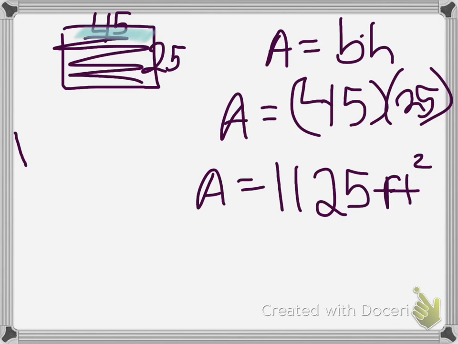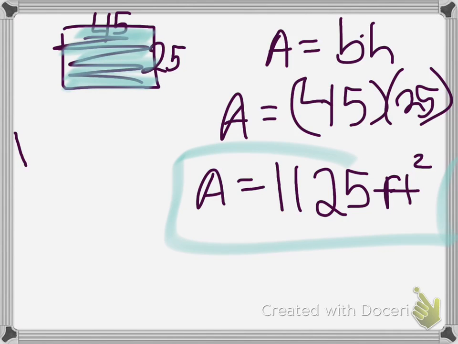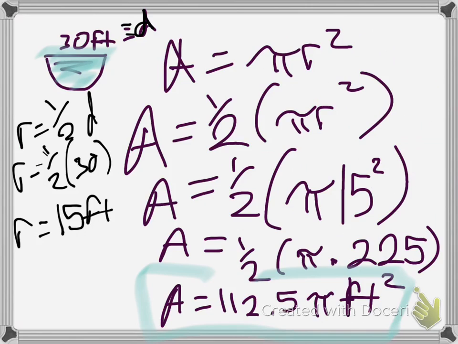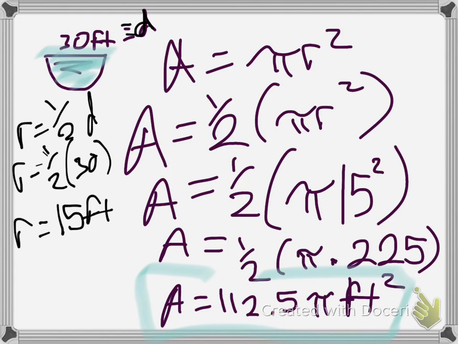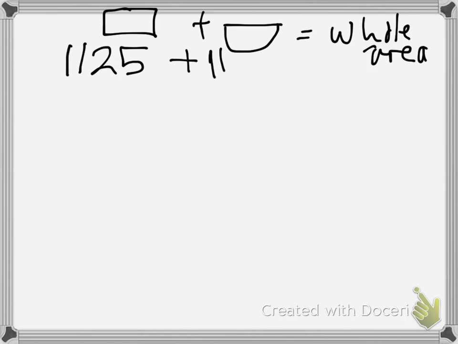Now I'm going to go back and take the area of my rectangle, 1,125, plus the area of the half circle, which equals the whole area. The area of my half circle is 112.5 pi. In order to add them, I need to multiply out this pi because the other side doesn't have pi.